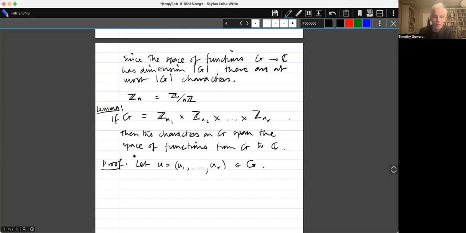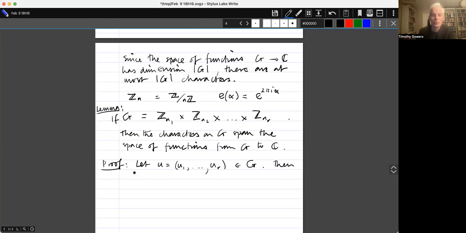And a bit of notation I meant to introduce, but I'll write it up here because it seems out of place within the proof. Some notation that is very useful is to write e of alpha for e to the 2 pi i times alpha. That is very standard notation in analytic number theory, and occasionally it's useful in additive combinatorics as well.